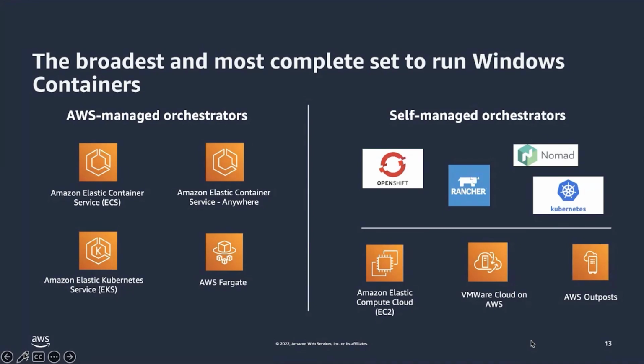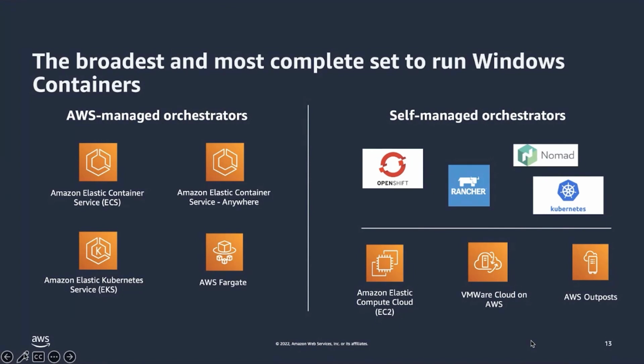But let's say you want to leverage Amazon Elastic Container Service as an orchestrator, but you are required to run this Windows container on-prem due to compliance reasons. So you can use Amazon ECS Anywhere.